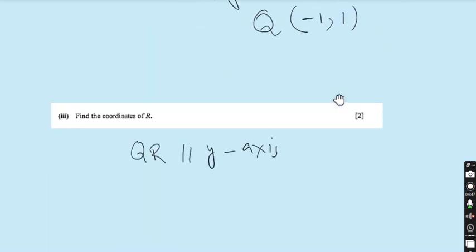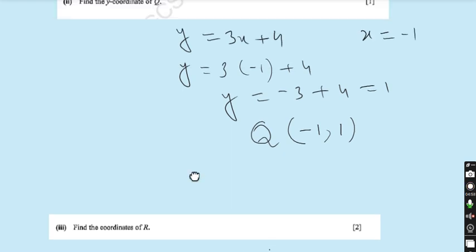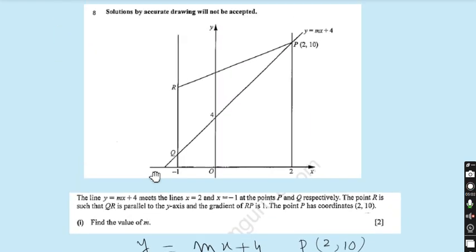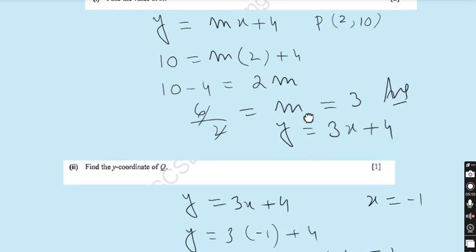Therefore, you can say the coordinates of R are (-1, y). Same strategy: the x coordinate of Q we just found in the previous part. So the x coordinate of R is -1. What is the y coordinate?